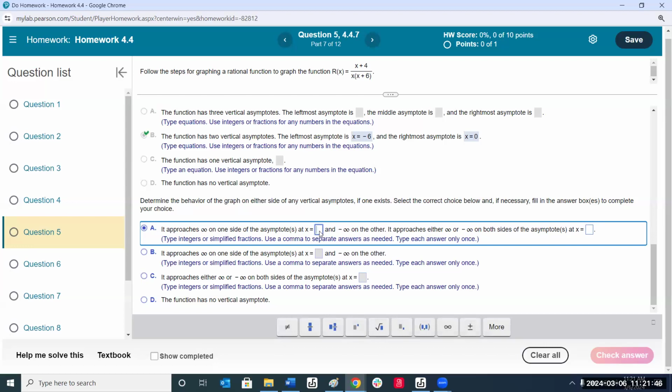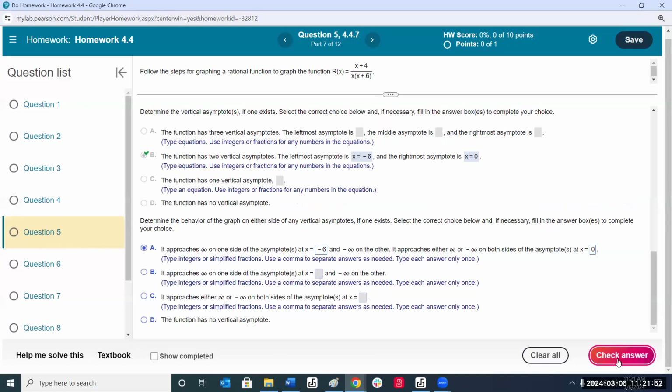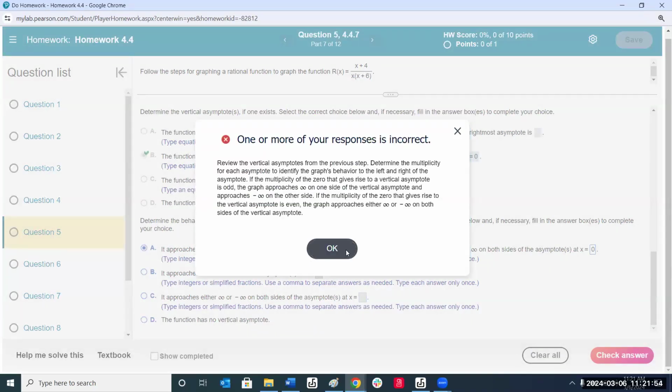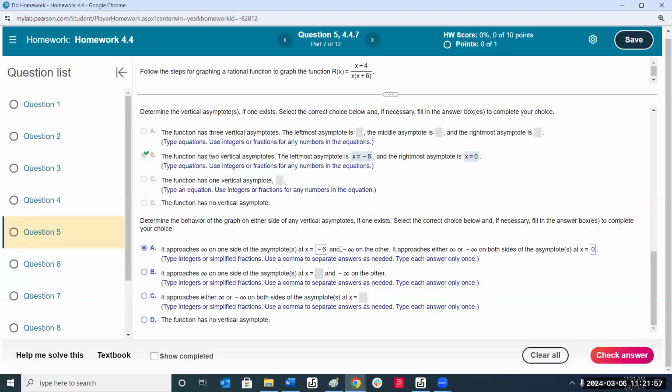Okay, well, we have two of them. I don't understand what they're trying to ask here, because if it was approaching either, then the middle one couldn't be there. So I couldn't figure this one out either, and then it gave me the answer: it approaches infinity on one side, the asymptotes at x equals 0, -6.